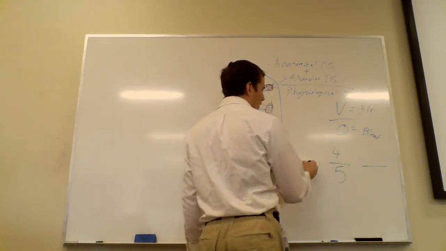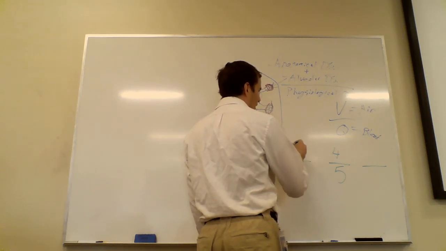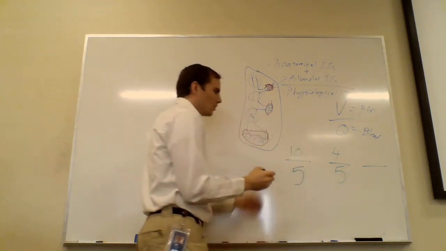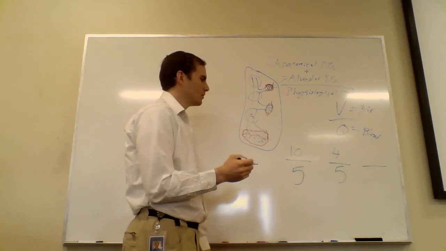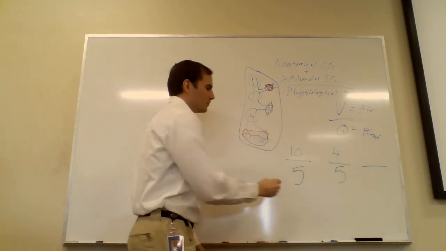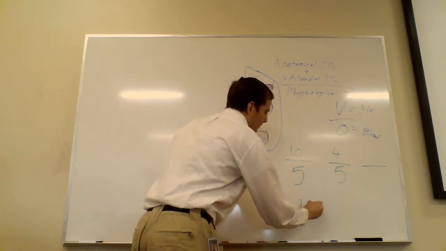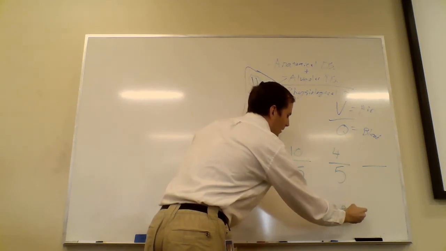Okay, well, if blood flow stayed the same and air went super high, is that going to be a higher or lower VQ ratio? Just do the math. It gives you a 200% or 2, whereas this one gives you a 0.8 or 80%.